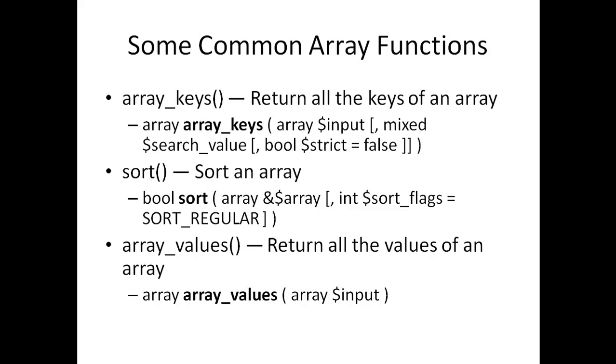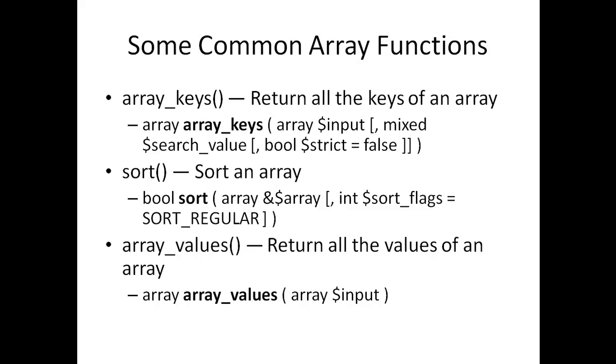So you have also sort, which lets you sort an array. It returns a boolean, and you pass it an array by reference, as well as what type of sort you're going to do. There are additional sort flags you can use from php.net, though I will say that if you basically want to alphabetize or put the array in numerical order, you can pretty much just use sort the way it is.